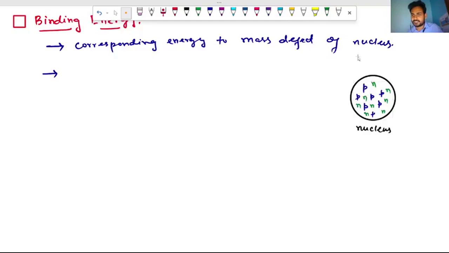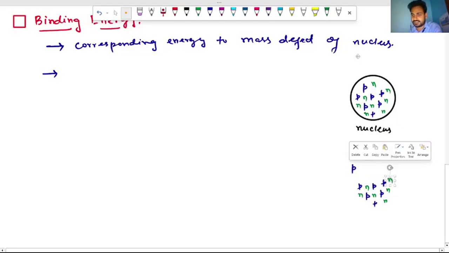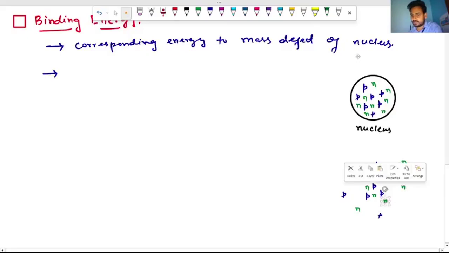We will take one, and again one, and another, and keep them at a large distance, just to mean that these are now split. The nucleus is broken. I hope you understand what I want to do.